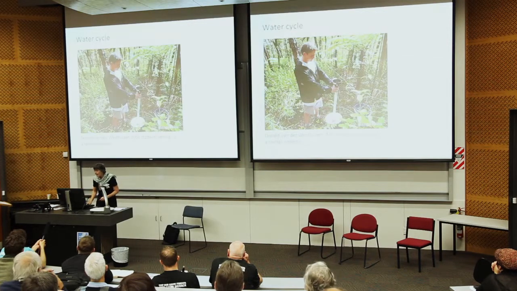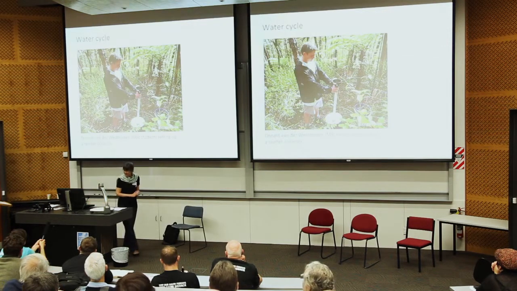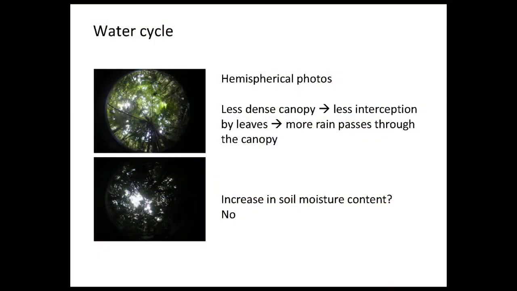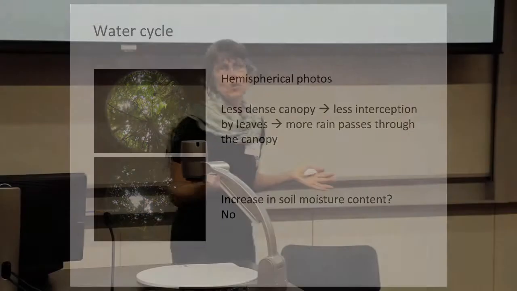So now to the water cycle. This is Donald setting up one of the so-called rainfall or throughfall collectors. What we were interested in is to see how much water is passing through the canopy. Our assumption was that if there are more gaps, then more water passes through because it's not held up by leaves.